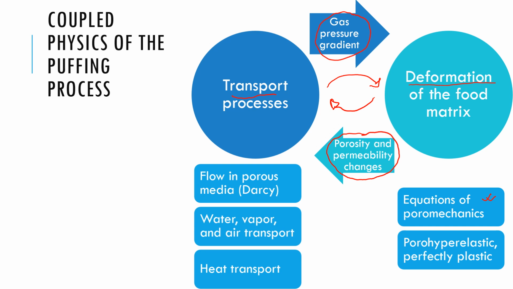And then when the rice grain is melted at high temperature, it's perfectly plastic. So that's what we will talk about in the next slide. And these other physics we have already discussed for the transport processes. The important point is they are coupled both ways.